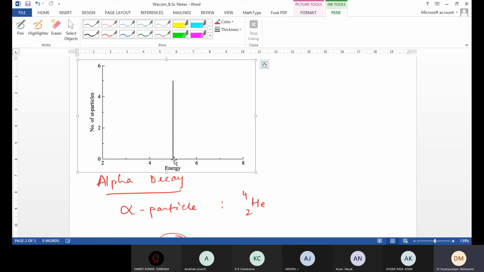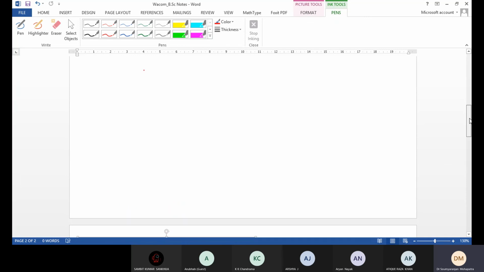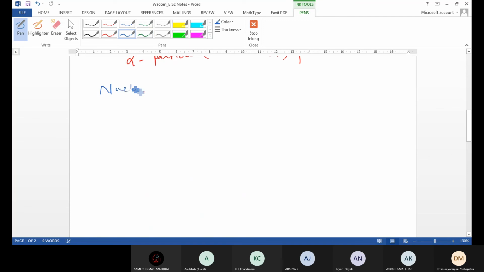Like if I give you one example, suppose disintegration is taking place and the disintegration energy in the decay process of the nucleus is 5.085 mega electron volt, and the energy carried by the alpha particle is roughly around 5 mega electron volt.